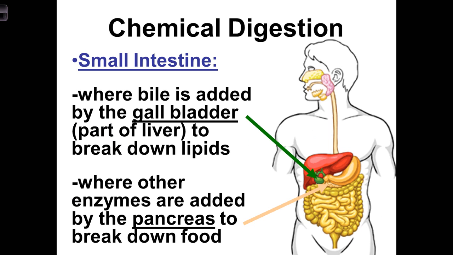So guys, chemical digestion, here I've got that in the small intestine. We've also got, like I said, a little bit of bile added by the gallbladder, which helps break down lipids, and other enzymes are added by the pancreas, and that's where, if there's still any protein or any starch, but especially those fats, are broken up into their chemical components.